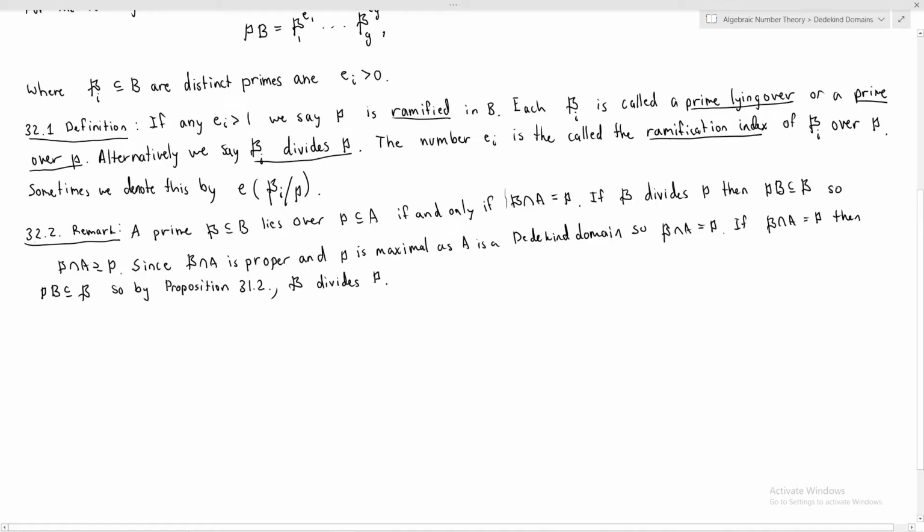Okay, now we're going to define the notions of residue degree. So 32.3. That's another definition.